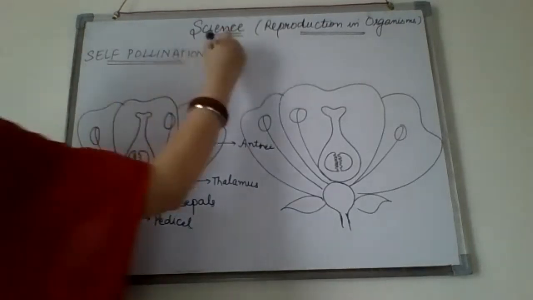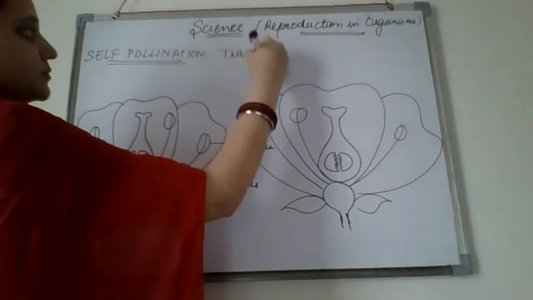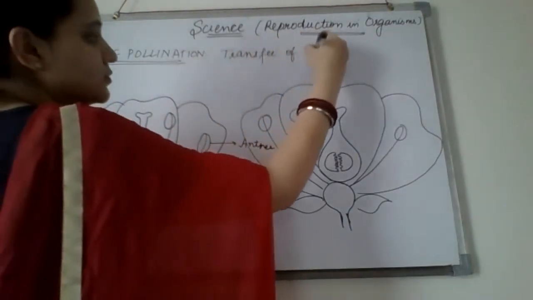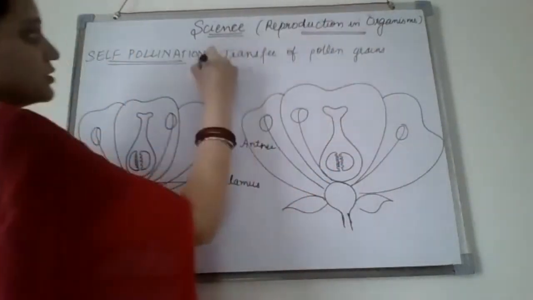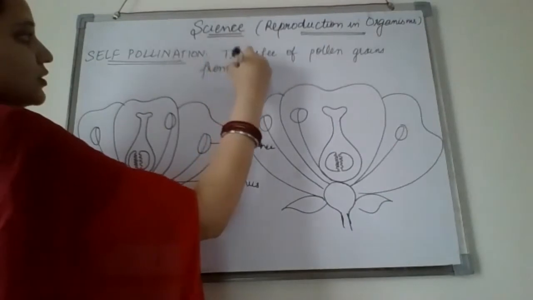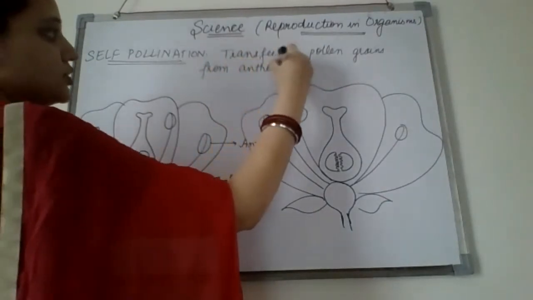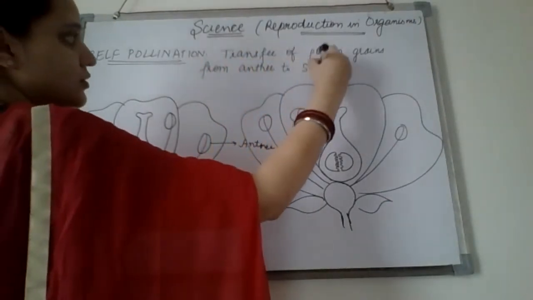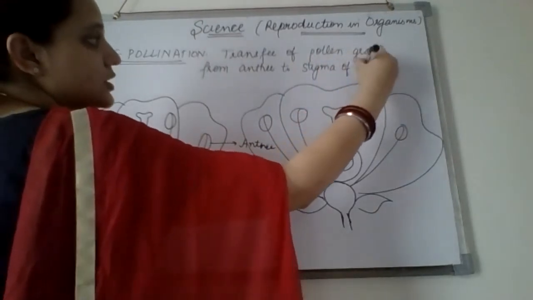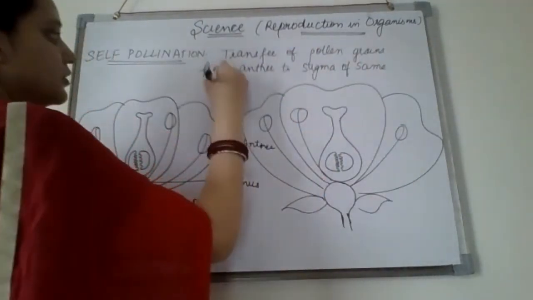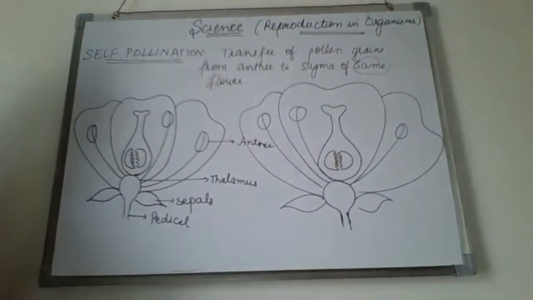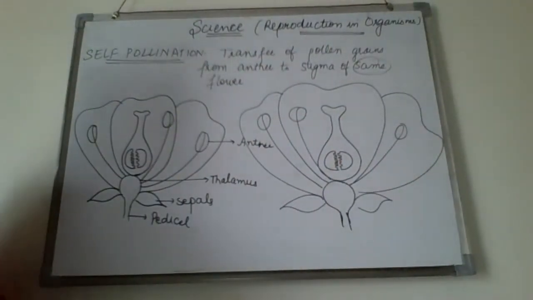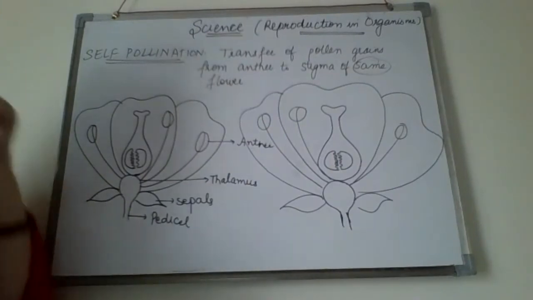Self-pollination means the transfer of pollen grains from anther to stigma of the same flower. Now here the term same is very important. That means the transfer is within the same flower.